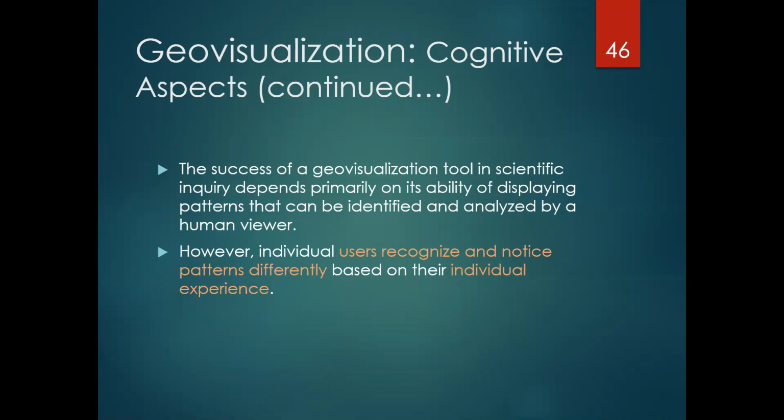However, individual users recognize and notice patterns differently based on their individual experience. This sentence means that even when we are looking at the same geovisualization, depending on our individual experience, we could find different patterns.